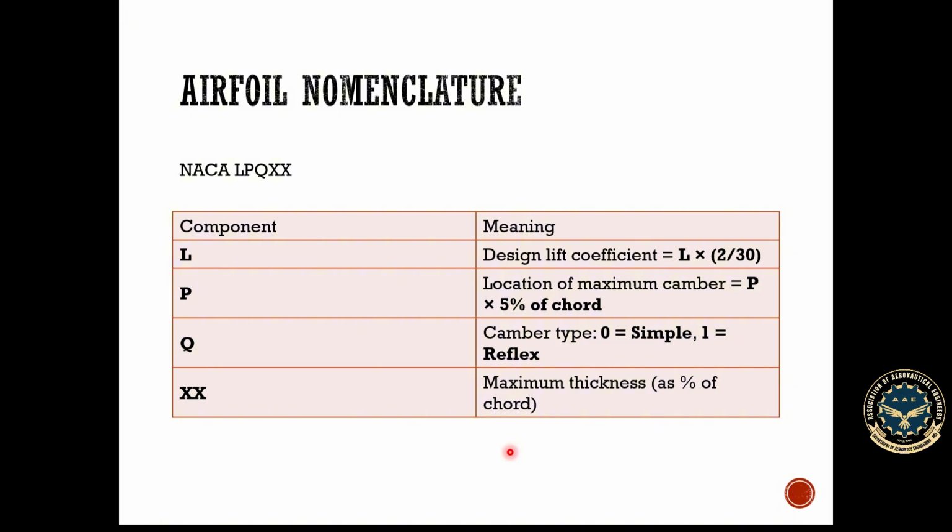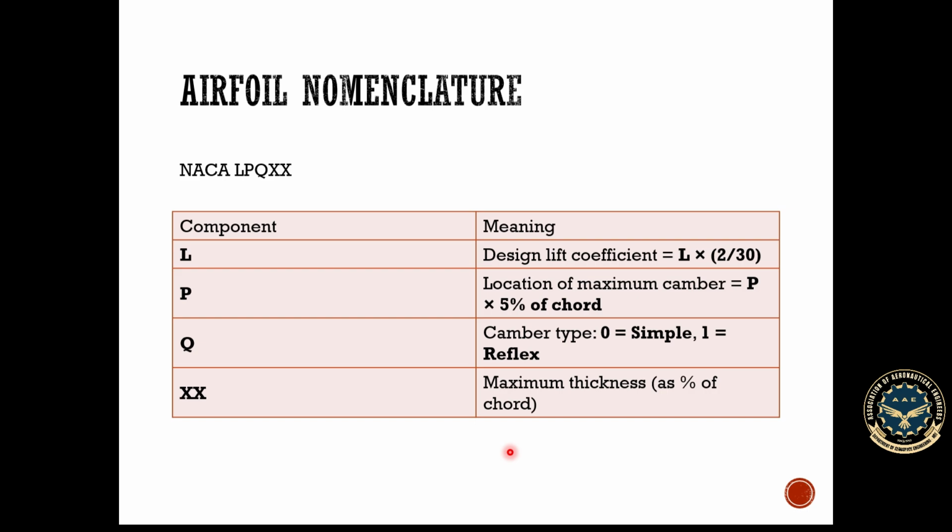Now let us look at the NACA 5-digit series. Let LPQXX be the 5 digits. Here, there's a bit of a difference. L is your design lift coefficient. It's the optimum CL at which that airfoil is supposed to fly. That digit L multiplied by 2/30 gives your design lift coefficient CL.